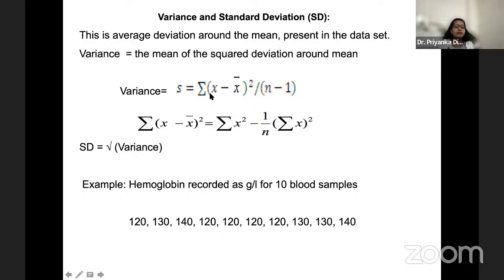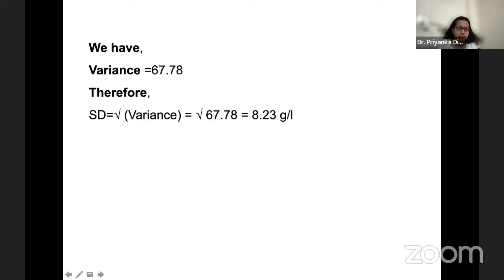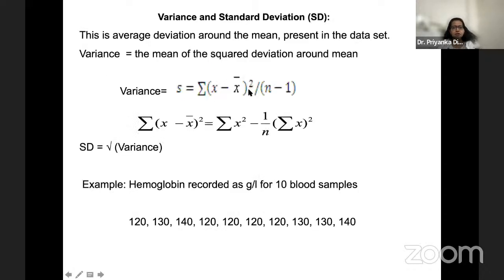If you look at the variance formula which I have shown in the slide, the variance formula is the same as the mean deviation formula. The only difference is that in place of the modulus value, I am using the square. So variance is nothing but summation of xi minus x bar whole square divided by n minus 1.